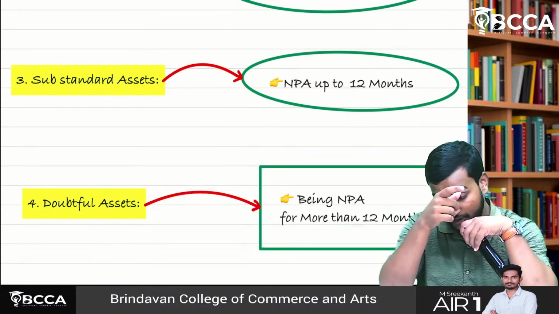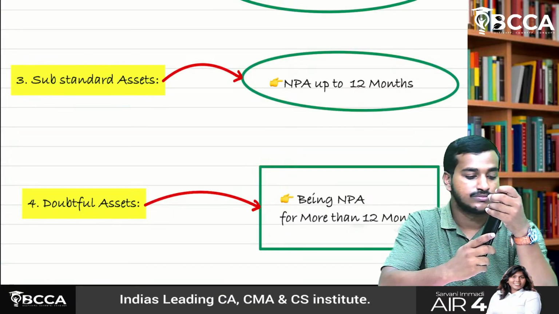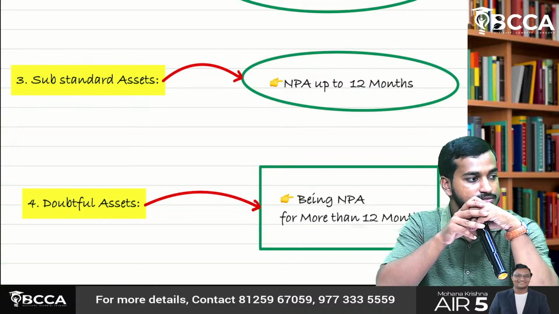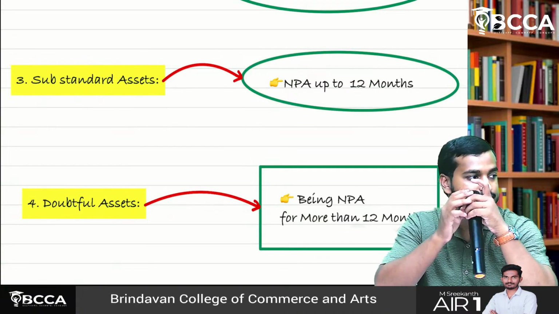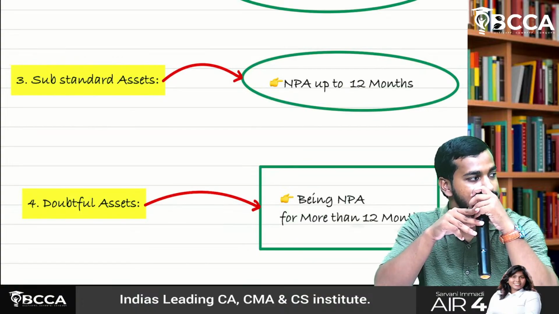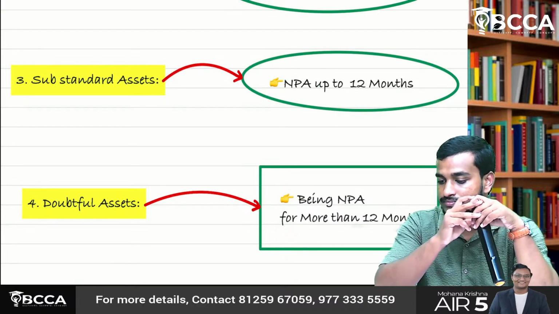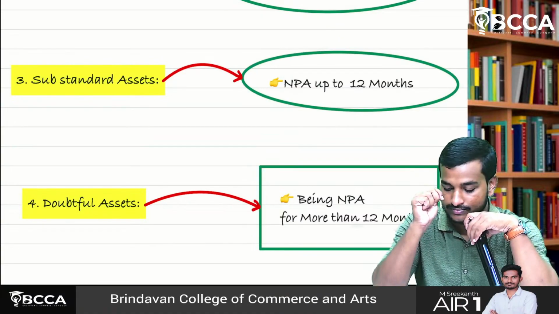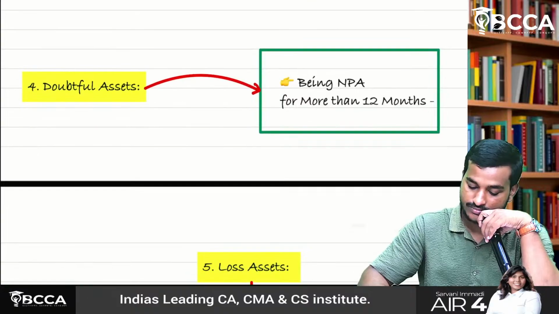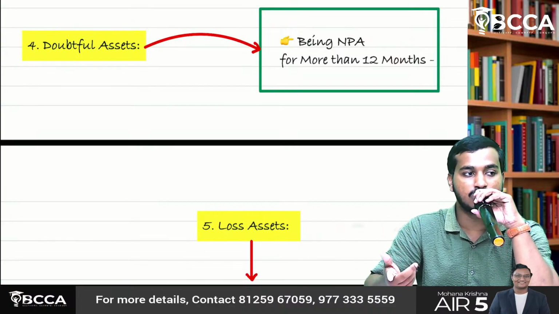Write down substandard, doubtful as well. Being NPA for more than 12 months is called doubtful.